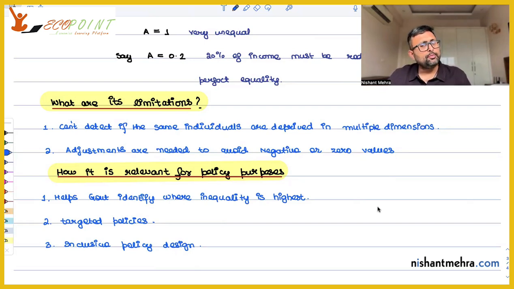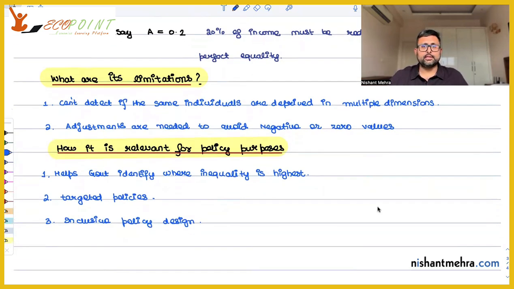How is it relevant for policy purposes? It can tell government where inequality is higher, whether in terms of health, education, or income, and what policies to focus on to reduce that inequality. So you can have targeted policies. Maybe in the case of education, you find that inequality due to education is higher, and so you can have education policies which are more inclusive, with better access to education or health.